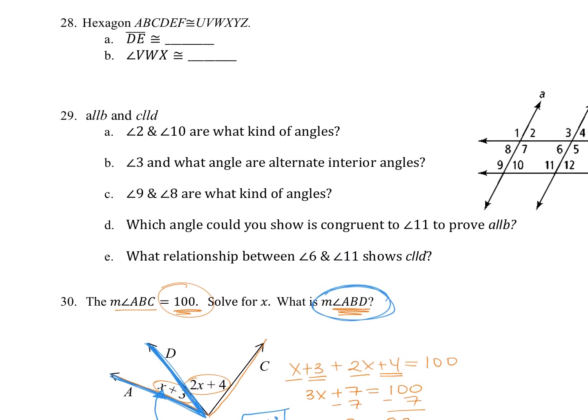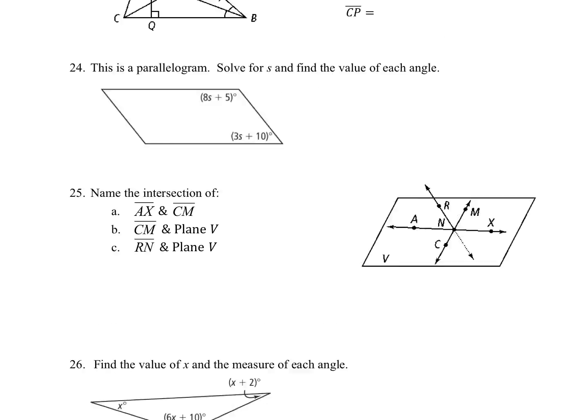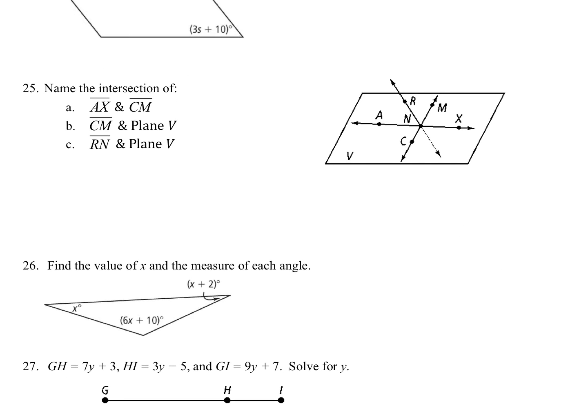25. Okay, intersection. I've been noticing a lot of confusion from people between the word intersection and the word bisect, okay? A bisector cuts something into two equal parts. It cuts it in half. An intersection is just where do they meet. Bisector is how do they meet.